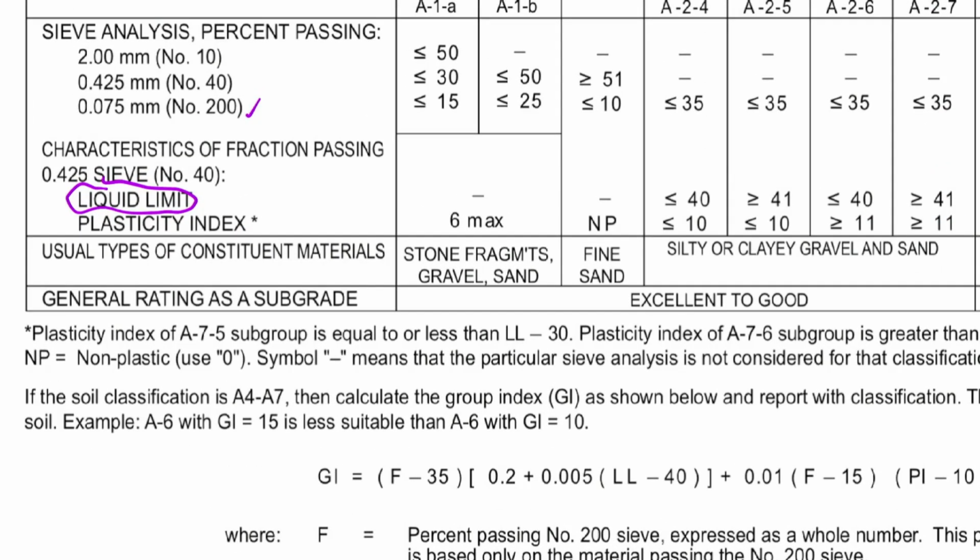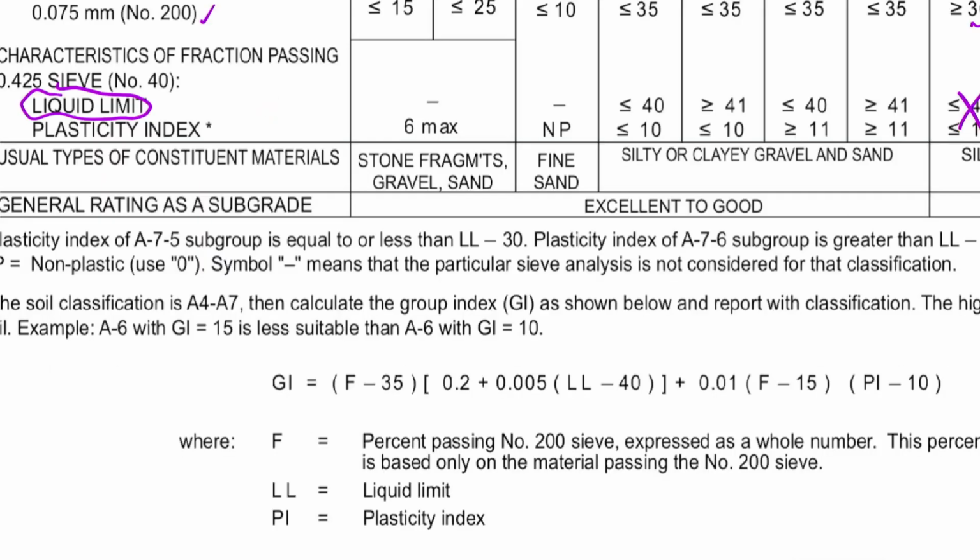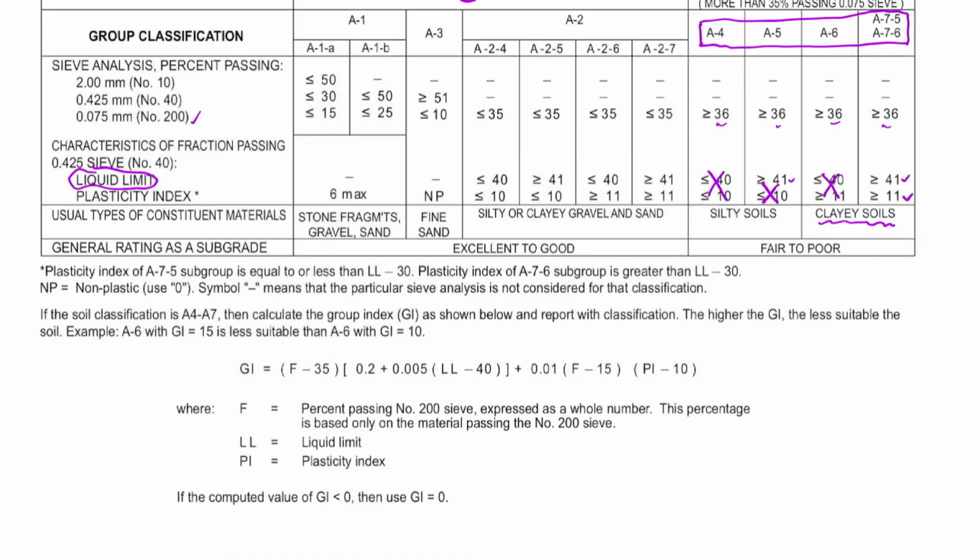Let's look at A-7-5 and A-7-6. If it's A-7-5, then your PI should be less than LL minus 30.